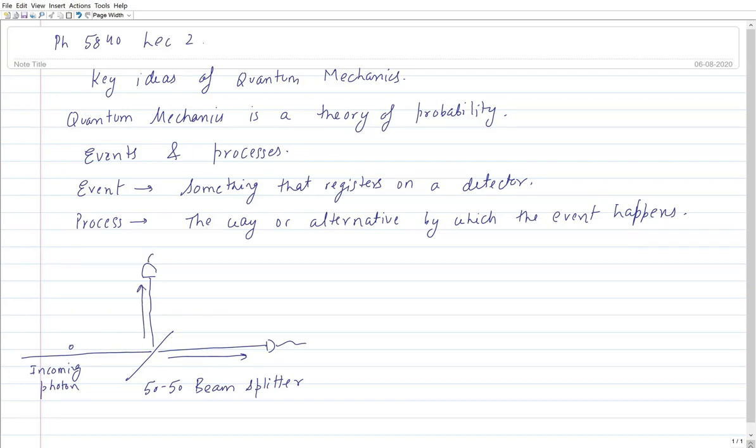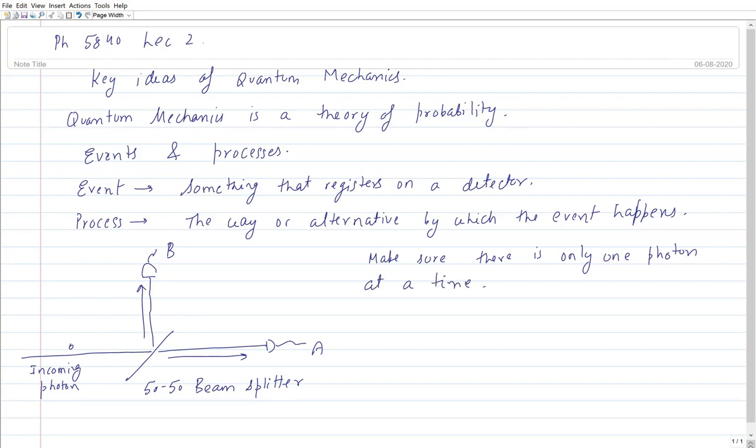And I have these two detectors, B and A, and I make sure that in this experiment there is only one photon at a time.